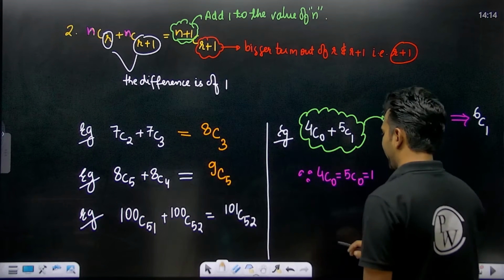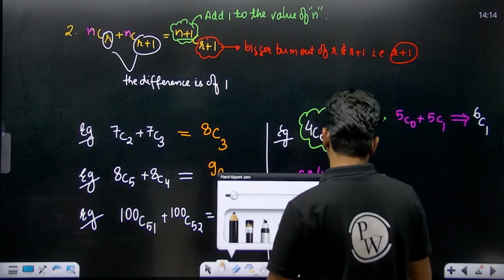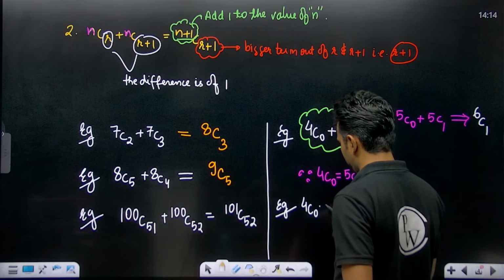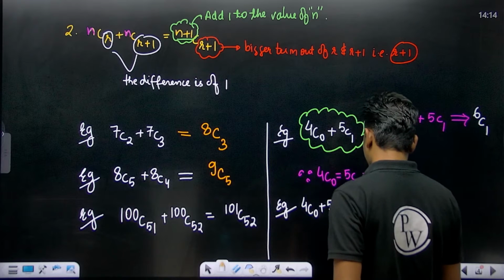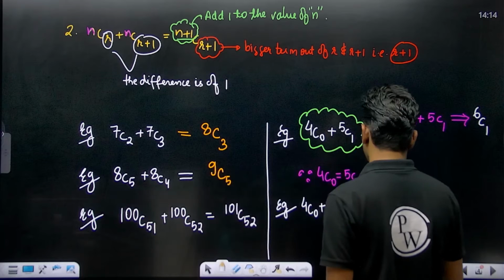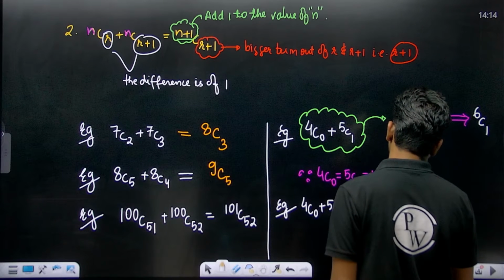So what can happen is that you need to apply this kind of formula multiple times in the problem as well. Let me give you a problem like this: 4C0 plus 5C1 plus 5C2 plus 6C2 plus 7C3 is equal to what?